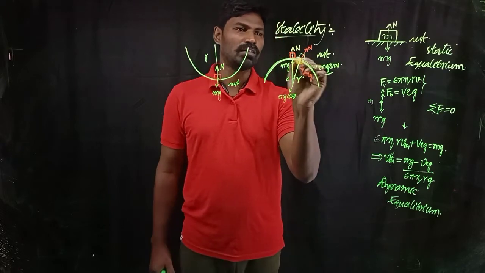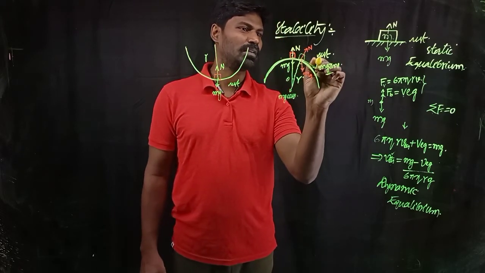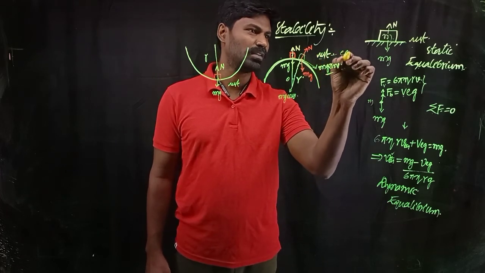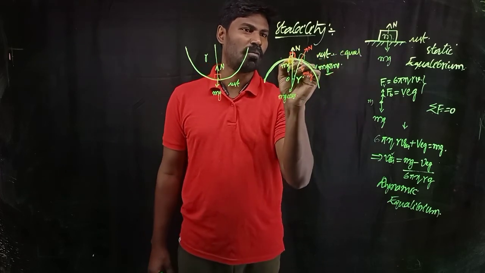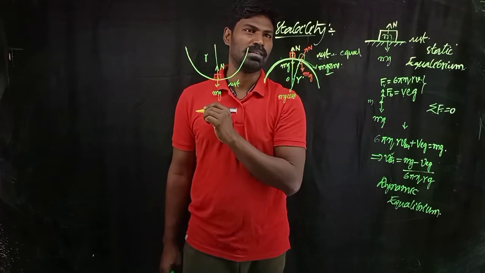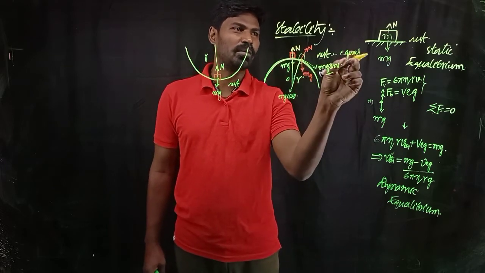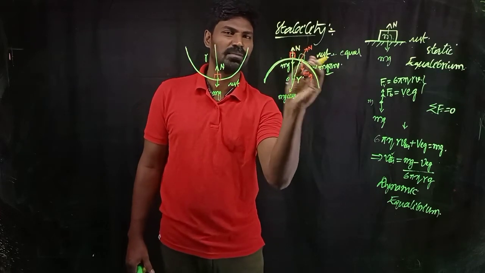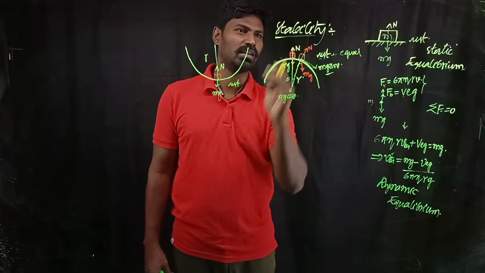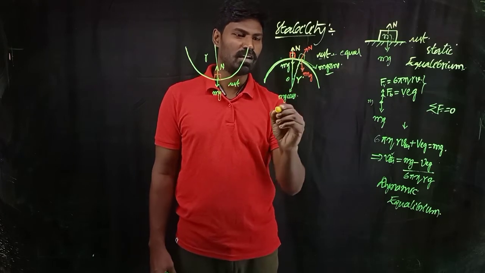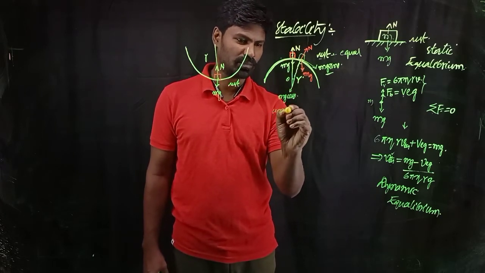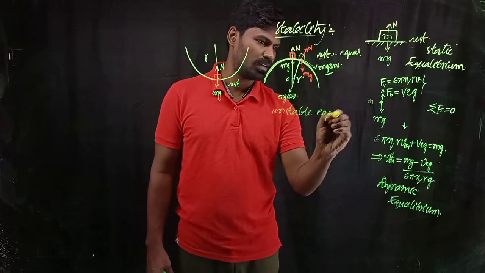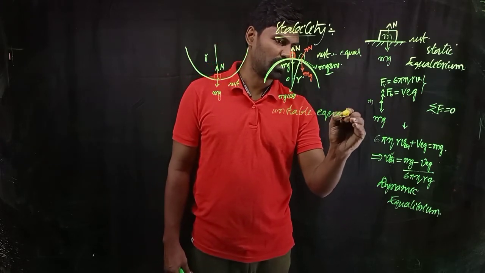So once the body is disturbed from its rest position, or equilibrium position, the body is not coming back. So this equilibrium is not stable. If you slightly disturb it, it moves away. That's why this equilibrium is called unstable equilibrium.